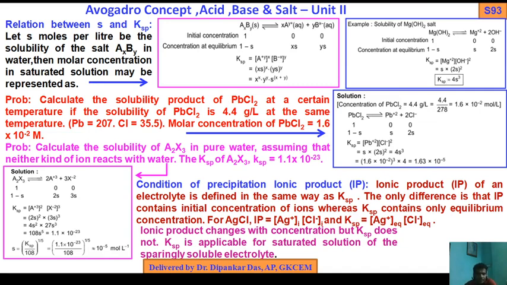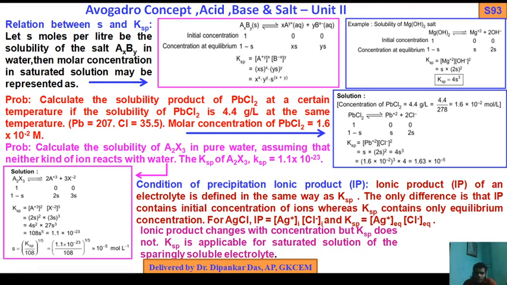Now another problem: calculate the solubility product of PbCl2 at a certain temperature if the solubility of PbCl2 is 4.4 gram per liter at the same temperature. The given values are Pb atomic weight 207, chlorine 35.5, and the molar concentration of PbCl2 is 1.6 × 10^-2 molar.